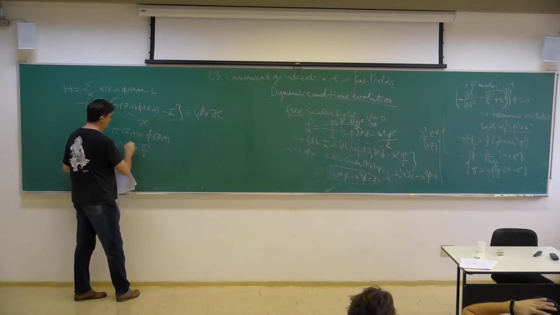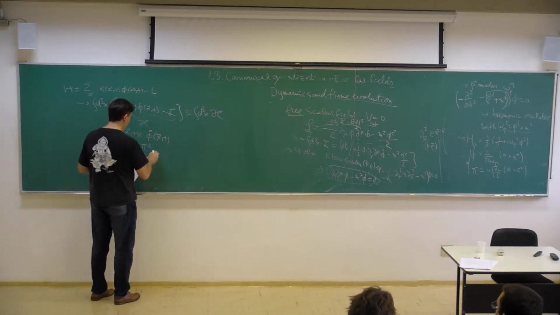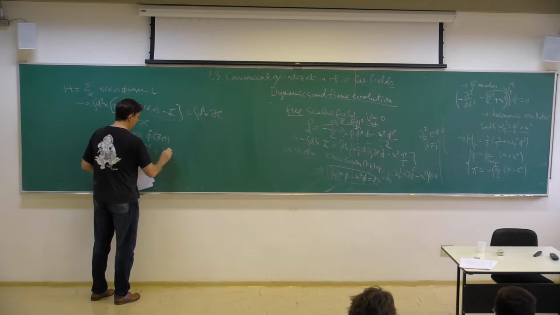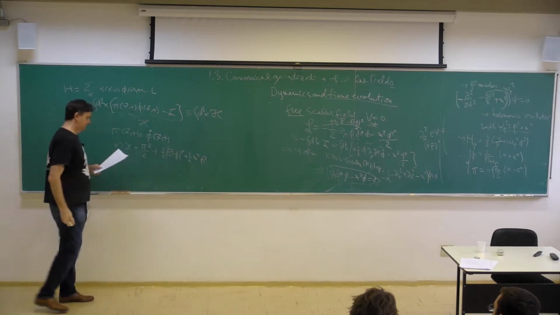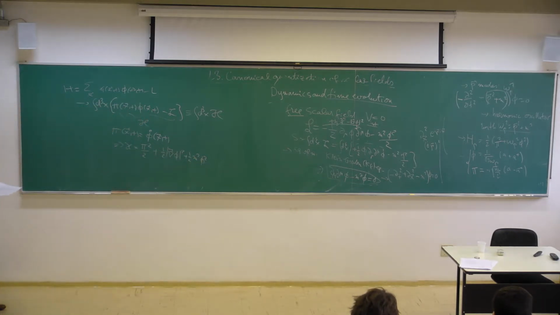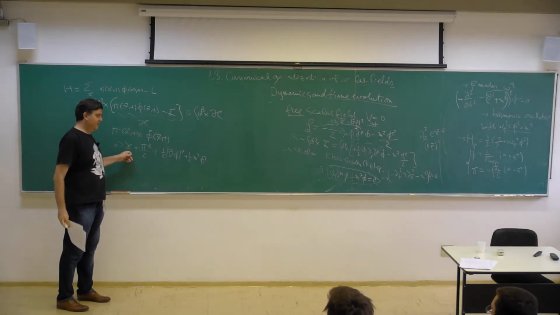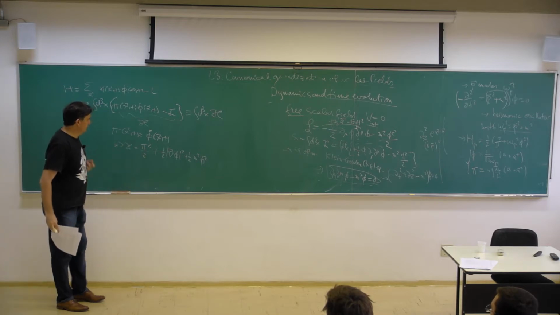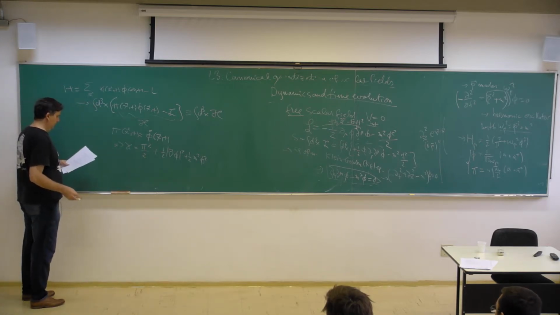And writing it in terms of pi, it's pi squared over 2, plus a half grad phi squared plus a half m squared phi squared, right? So the Hamiltonian or energy density of the field is momentum squared over 2 plus grad phi squared over 2 plus m squared phi squared over 2.